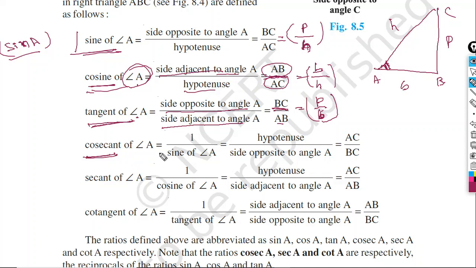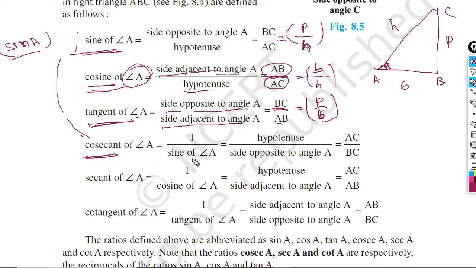Similarly, cosecant, another trigonometric ratio. Cosecant of angle A is equal to 1 by sine of A. So there is a relation between sine and cosecant. 1 by sine of A, where sine of A is the side opposite of angle A divided by hypotenuse.